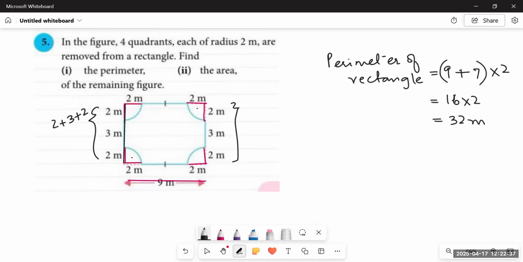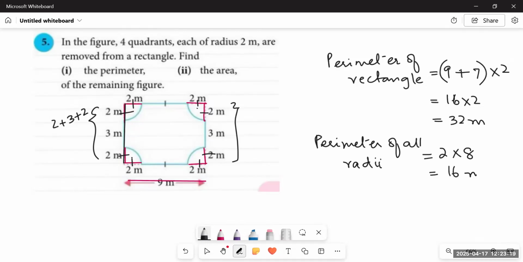But since this is not the case, some of the parts are removed. So what are we going to do? We will remove 2 meters from each part. How many 2 meters have been removed? 1, 2, 3, 4, 5, 6, 7, 8. So what do we have to do? Perimeter of all radii is equal to 2 multiplied by 8, which is 16.